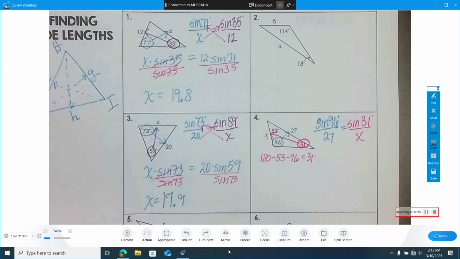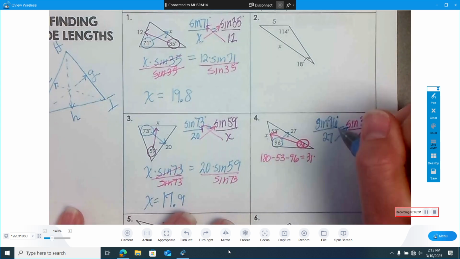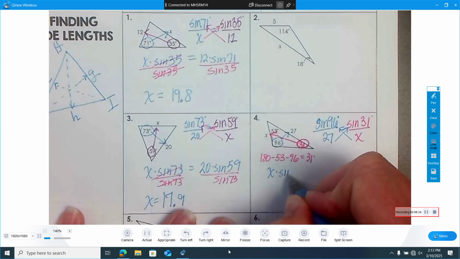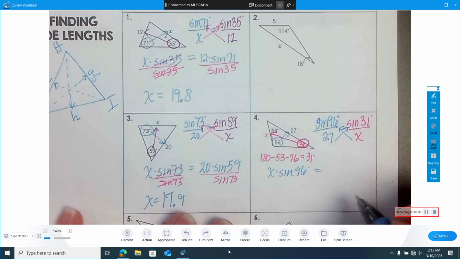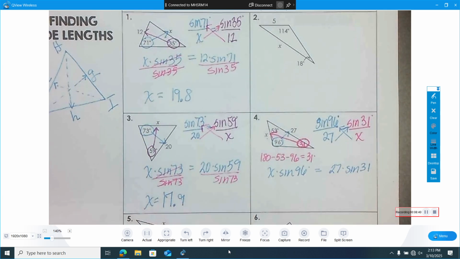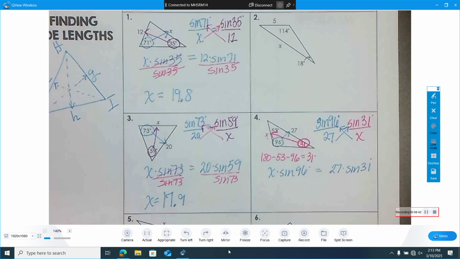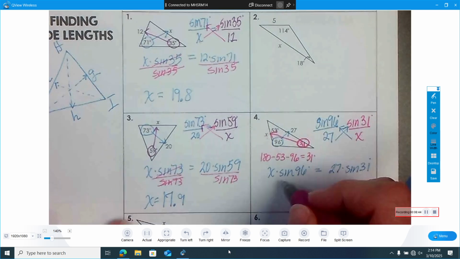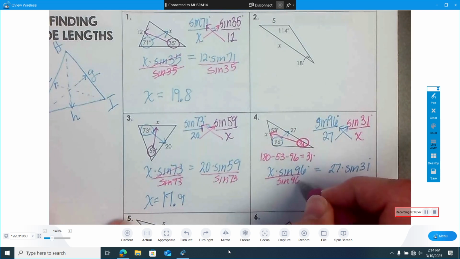Okay, and from there we can cross multiply. X times the sine of 96 degrees equals 27 times the sine of 31, and then? Divide by the sine of 96. Good.